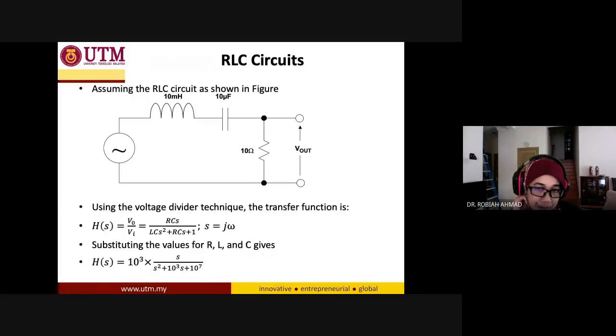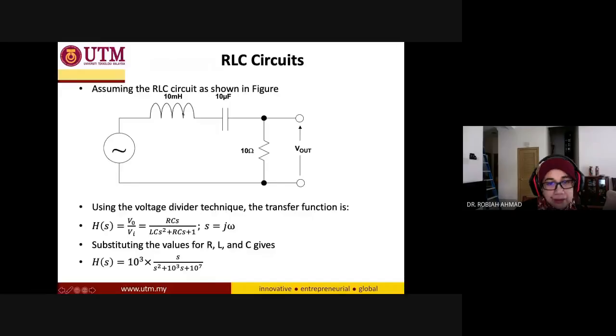For example, a very simple RLC circuit here, with the input voltage Vi, maybe sine omega t, something. This is our input. In our RLC circuit, we have an inductor, capacitor, and resistor. So we want to look at, with this input and these components, what is our output?